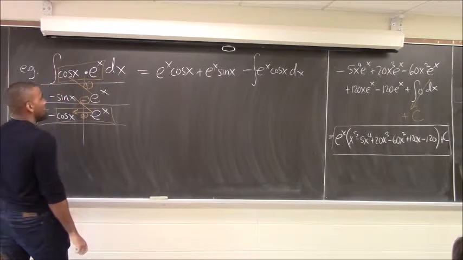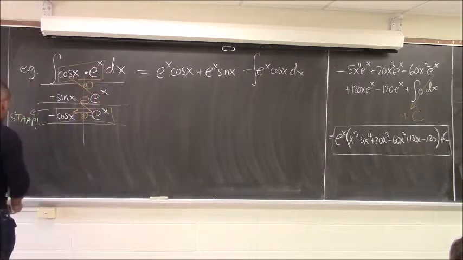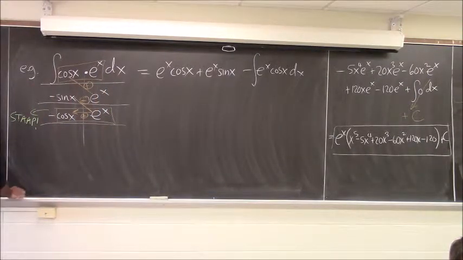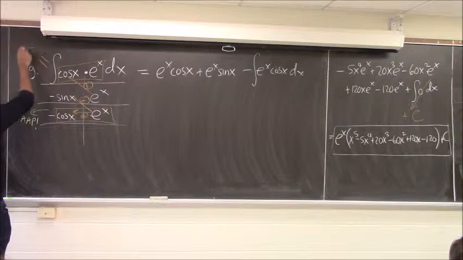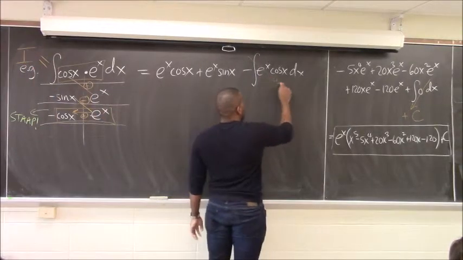Now at this point you notice that once you get the original is when you stop and you just solve it like an algebraic equation. Something that people often do is they'd set this integral to be I. And then once they see this they realize, oh, that's just I again.